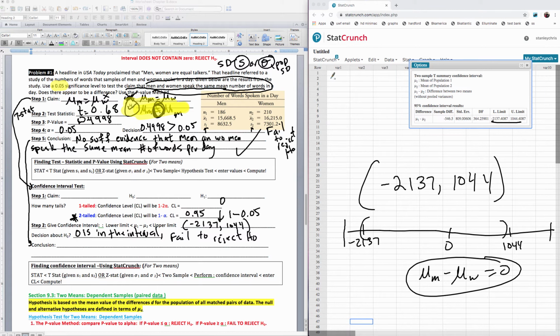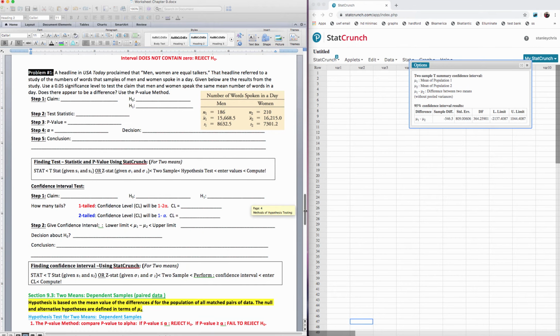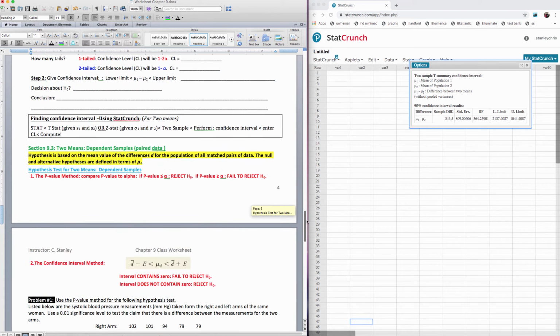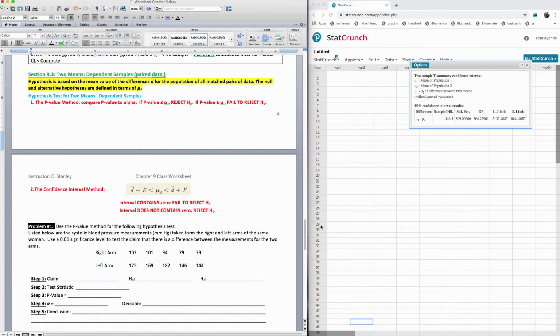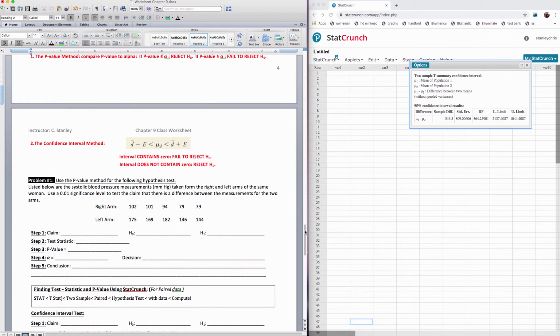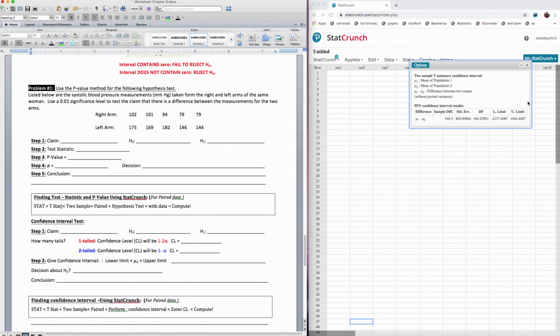Okay, so let's look how a paired test runs. So a paired test is essentially if the data is on the same person. Okay, so you have the right arm and the left arm, and we're measuring the blood pressure, the systolic.